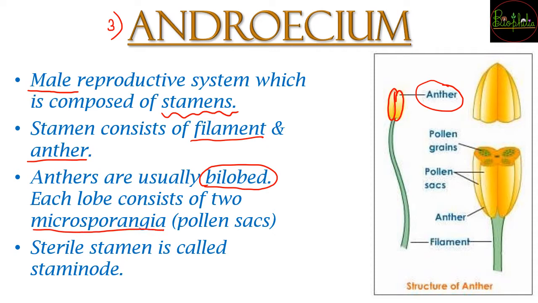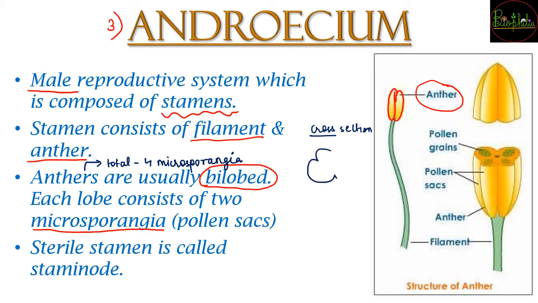So finally you can say that all the anthers are going to have in total 4 microsporangia. कितने microsporangia होंगे? You are going to have 4 microsporangia in one anther. So if you can notice over here, the cross section of your anther is going to look somewhat like this.